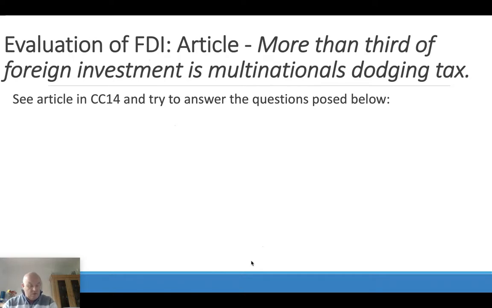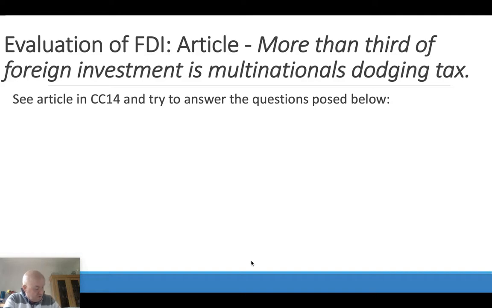Okay, so on page 21 in your booklets, there is an article on FDI. More than a third of foreign investment in multinationals is multinationals dodging tax. Now, clearly, that's a fairly controversial statement, but it clearly has some support.